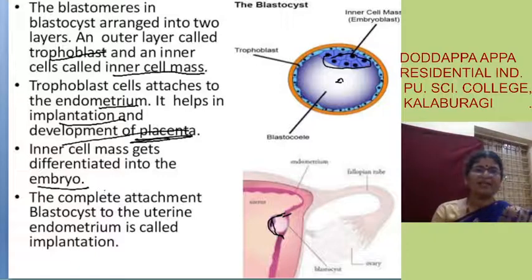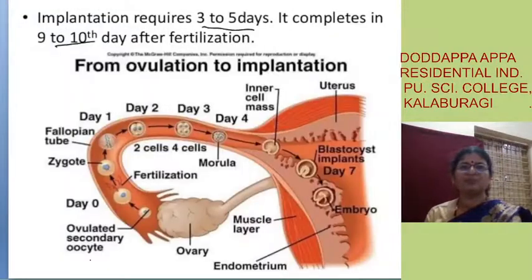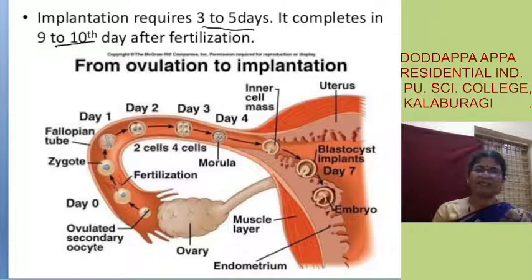The complete attachment of the blastocyst to the endometrium of the uterus is called implantation. Now let me go to the next. Already I told you, here it is given day wise. After fertilization, by the 7th day the blastocyst will reach the uterus.